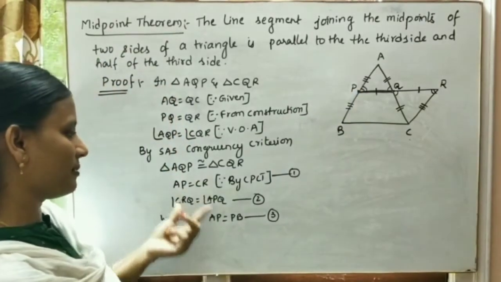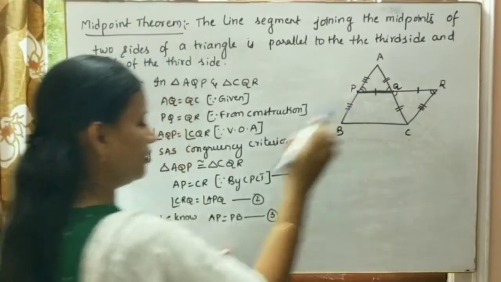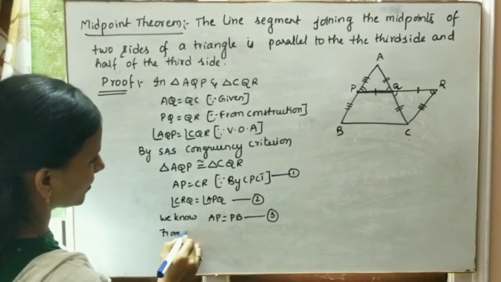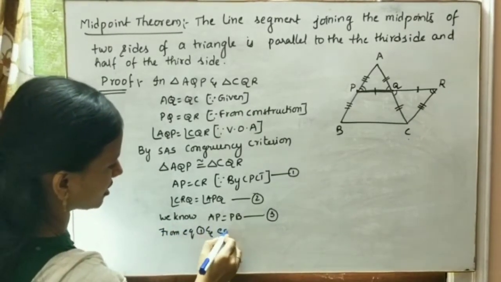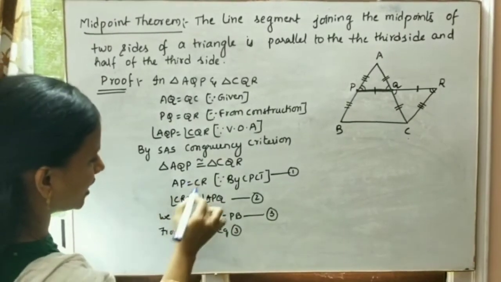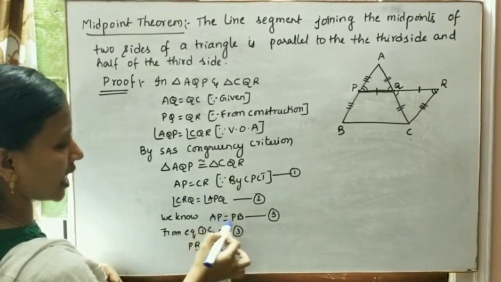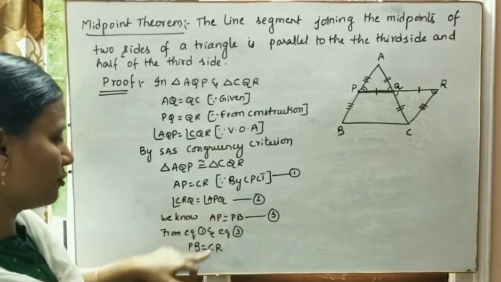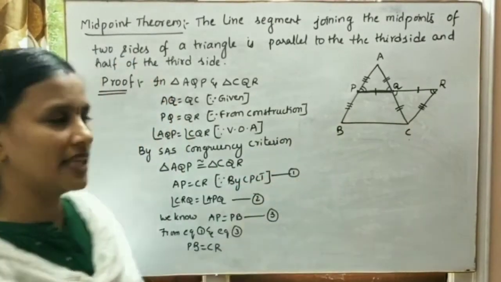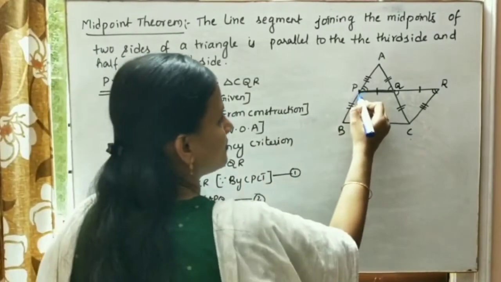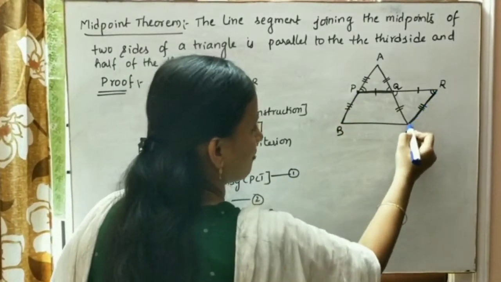So can we write from these two, PB is equal to CR. These two are equal, we got it.